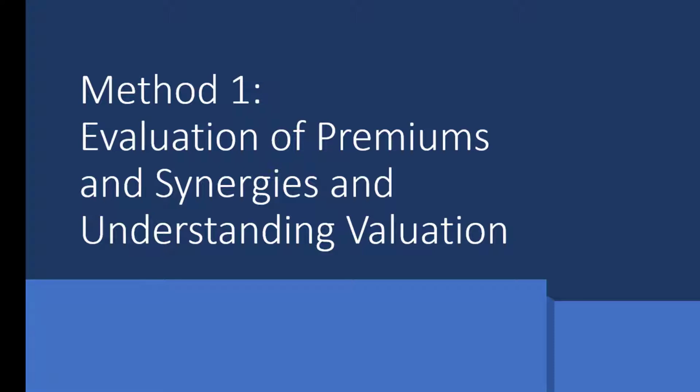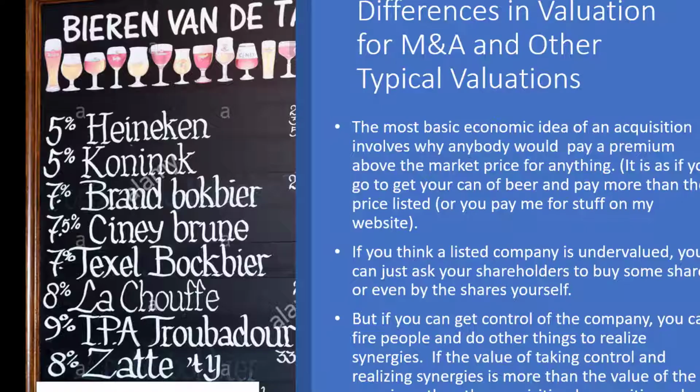Method number 4 is going to be the EV to EBITDA ratio, and see how we fix the EV to EBITDA ratio, and careful with that. Method number 5, finally, will be the DCF method, and how we can take this DCF and start adding things and subtracting things.